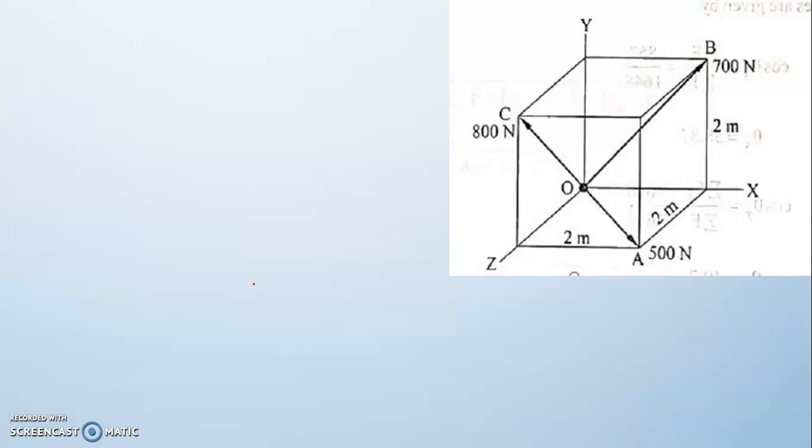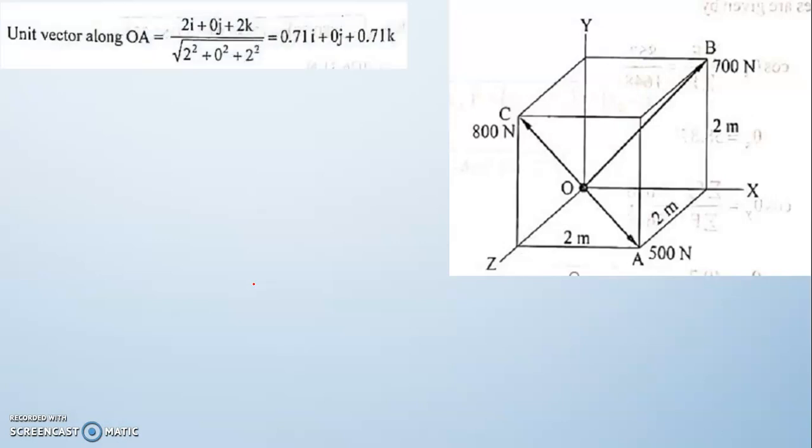With respect to the z-axis, point A is at a distance of 2 meter and point O is at 0, so 2 minus 0 gives 2k. The position vector can be written as 2i plus 0j plus 2k.